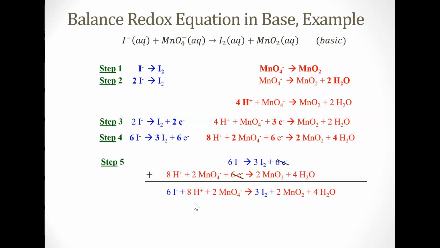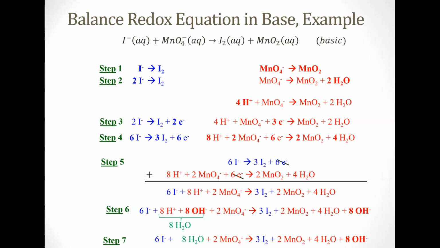So we have to eliminate the hydrogen. The way we do that is by adding hydroxide. And if we add hydroxide to the reactant side, we must add hydroxide to the product side. So we've added 8 hydroxide to each side, and you can see that 8 hydrogen ions and 8 hydroxide will give us 8 water molecules.